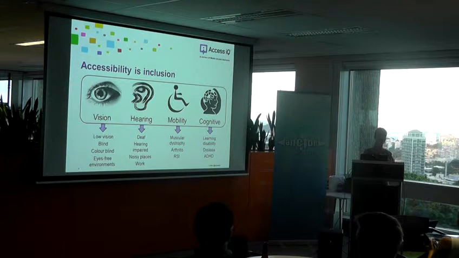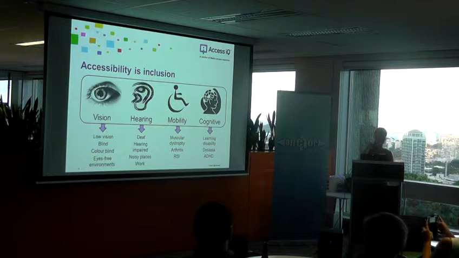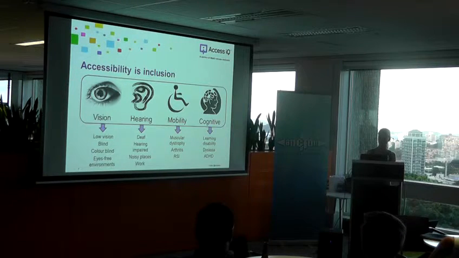It's about hearing impairment, so accommodating people who are deaf, places where it's perhaps noisy to work, or you might be on public transport and it's hard to hear as well, so noisy environments. Mobility issues, so accommodating people with arthritis or other mobility type issues, and cognitive issues.